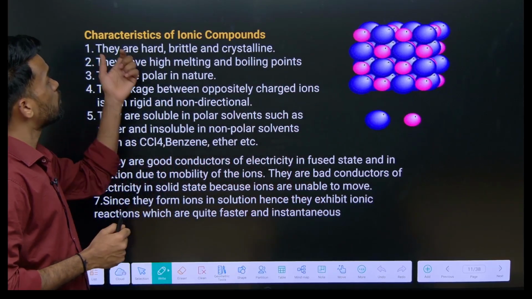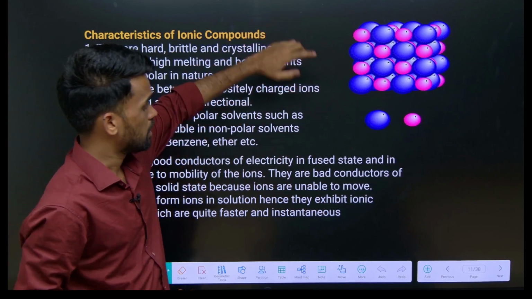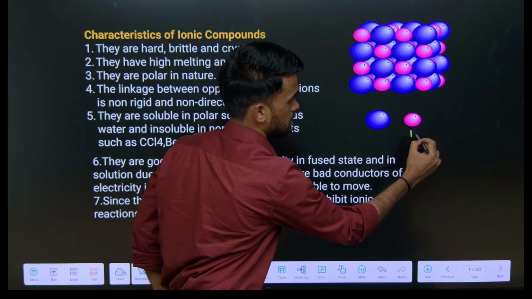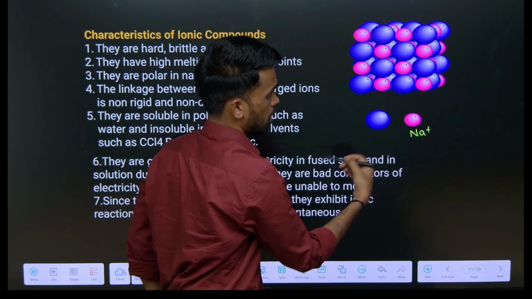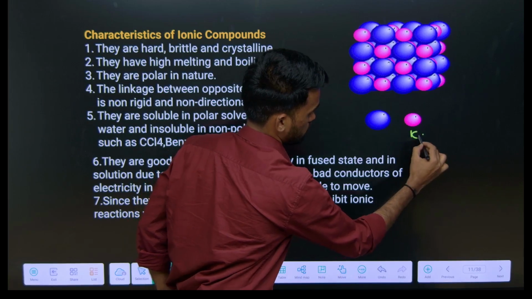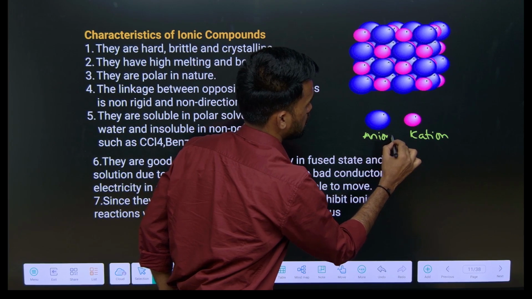Now, what are the characteristics of these ionic compounds? Consider that the small one in pink color is the cation, Na+, or any cation, not always Na+ only. And this can be considered as the anion, which is larger in size.